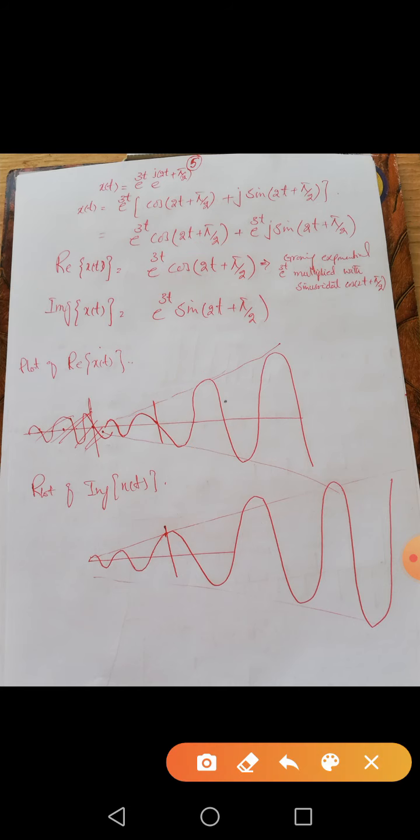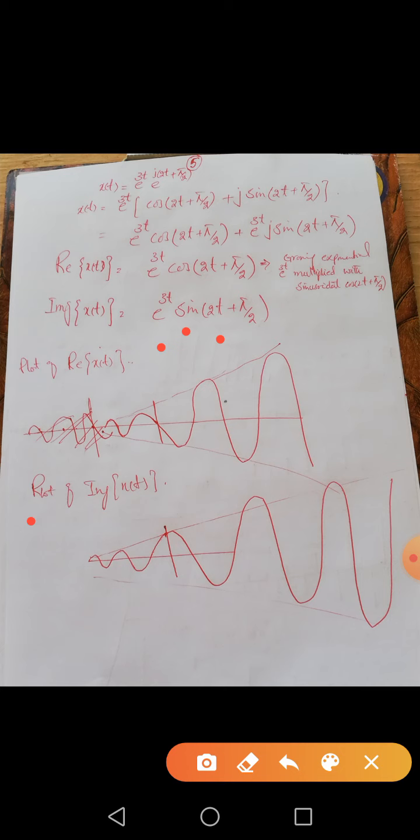And if I plot the imaginary part of x of t, it is nothing but the growing exponential being multiplied with the sinusoidal signal sin(2t plus pi by 2). This is nothing but the sine signal shifted by pi by 2.